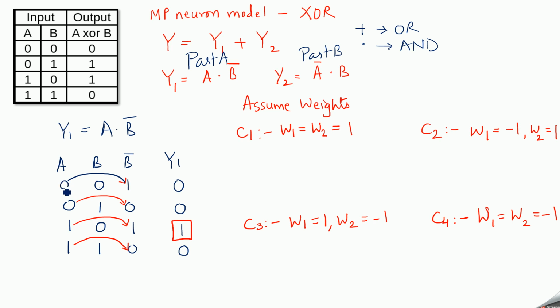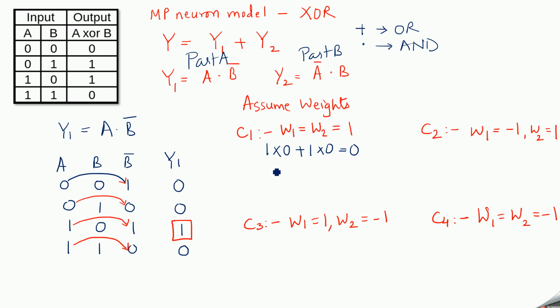It is W1 into A plus W2 into B. W1 is 1 into A, which is 0, plus W2 is 1 into B, so 1 into 0 is 0 plus 1 into 0 is 0. It's B and not B bar when you are multiplying.